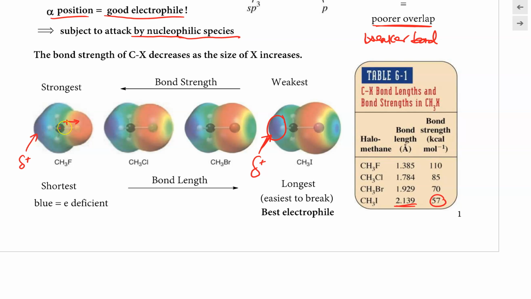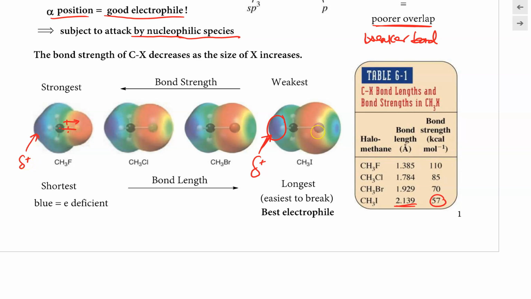However, the bond between carbon and fluorine is a strong bond. So the tendency of this bond being broken would be less, because this is a stronger bond. And this bond strength and bond length also play a very important role in why this carbon would be less positive.